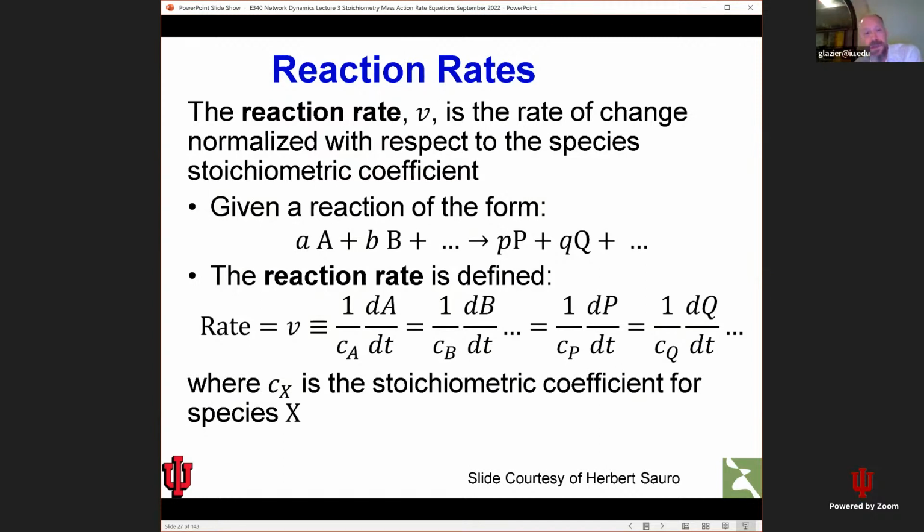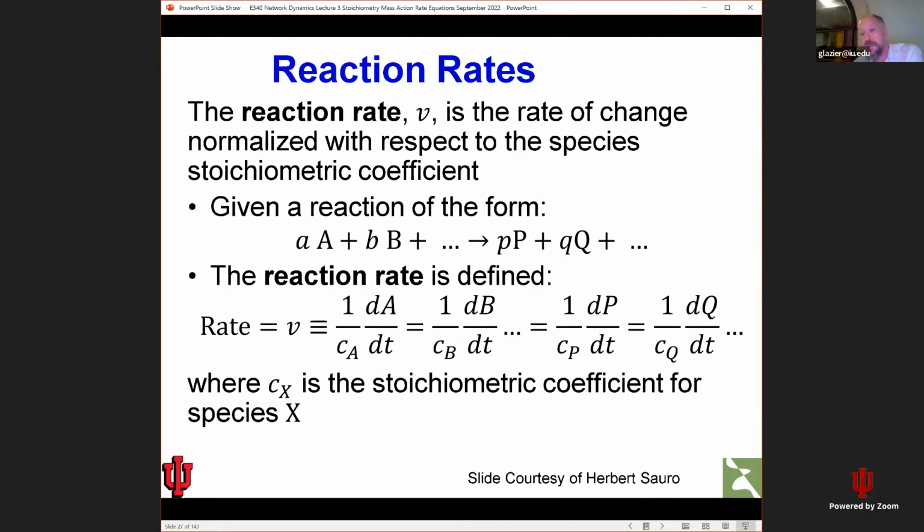Bad choice of labeling to have lowercase and uppercase letters of the same type. The reaction rate is defined as 1 over the stoichiometric coefficient times the rate of change of the species amount, dA/dt, dB/dt, and so on. The advantage of this is we get the same rate for each one, regardless of the stoichiometry. And so now we have a single rate which we can use to label that arrow.